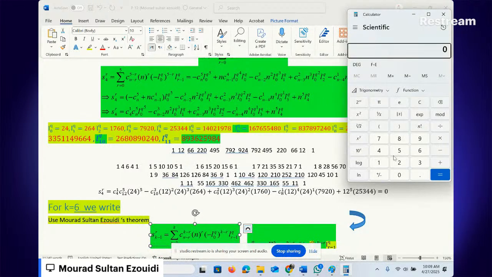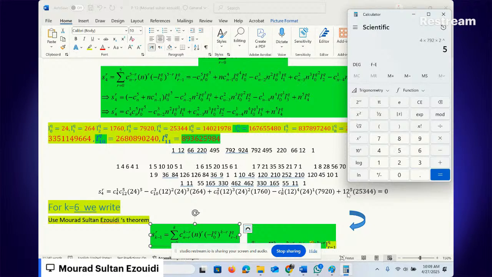Here we have 4. I will make 4 multiplied by 12 choose 5. 1, 2, 3, 4, 5: 792. Multiply by 24 raised to the power 5. I will write it as 2 times 12, raised to the power 5. Why?